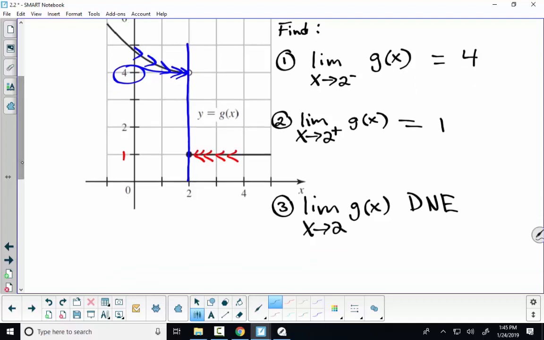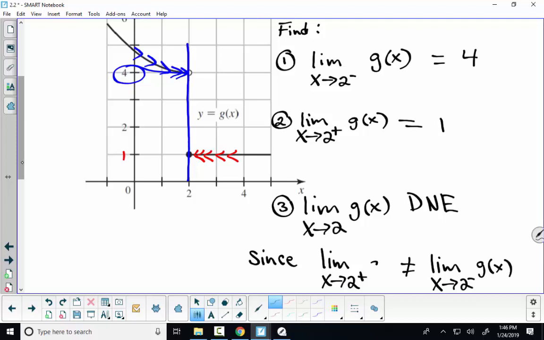The one-sided limits are not the same, therefore that limit doesn't exist. Questions on that?